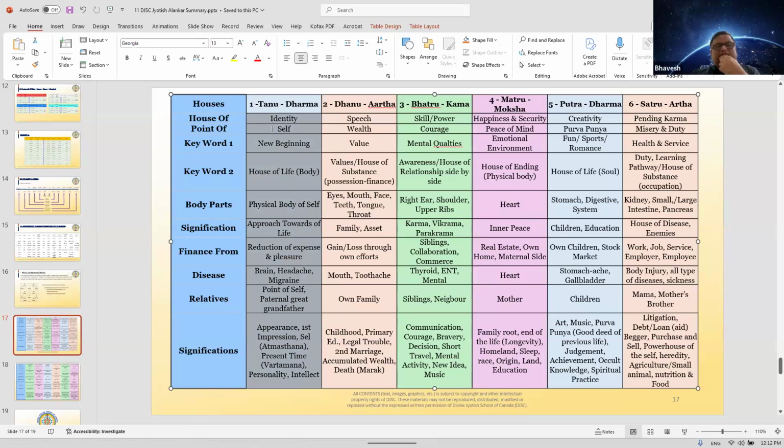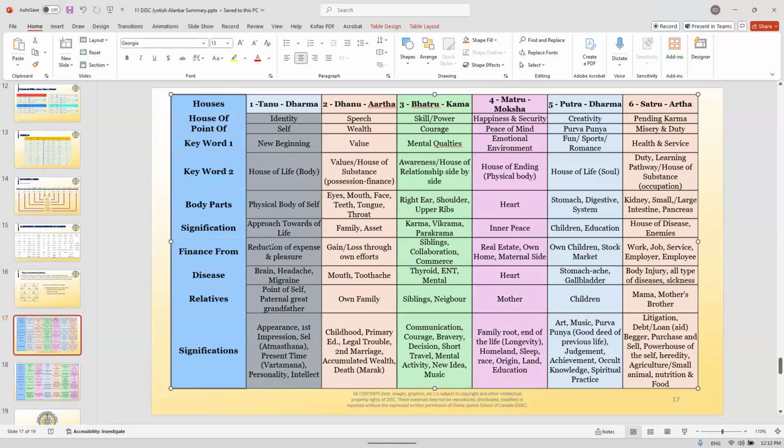So the 12 houses are fixed houses. The first house always represents your identity, self, new beginning, or your body, and it does not change.